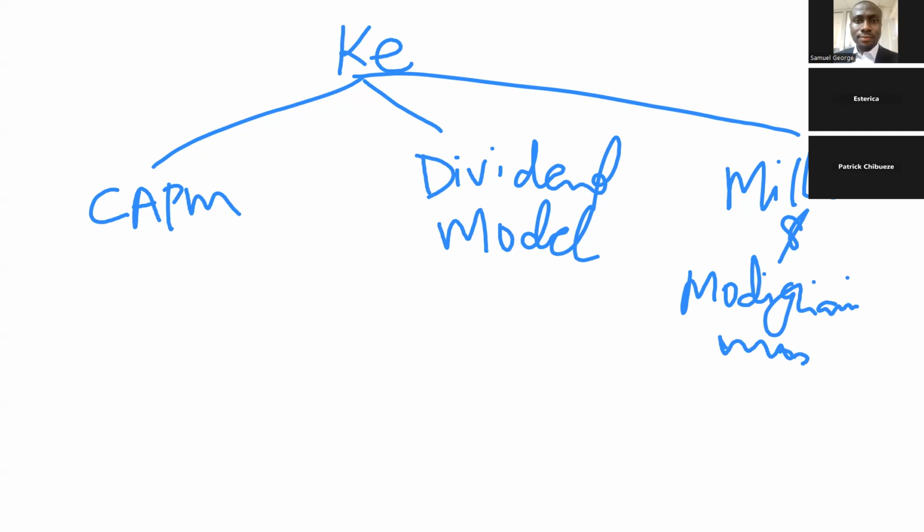So these are the three methods we can use to calculate KE, and we have discussed CAPM and the dividend model. So let us talk about Miller and Modigliani.